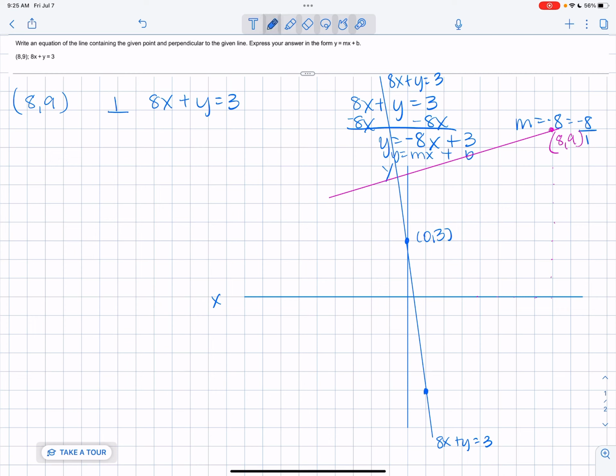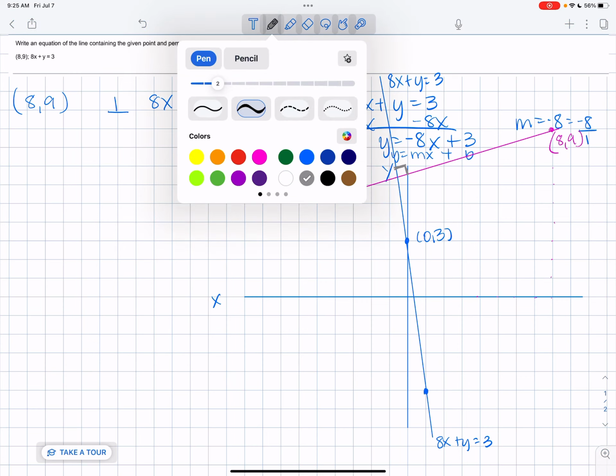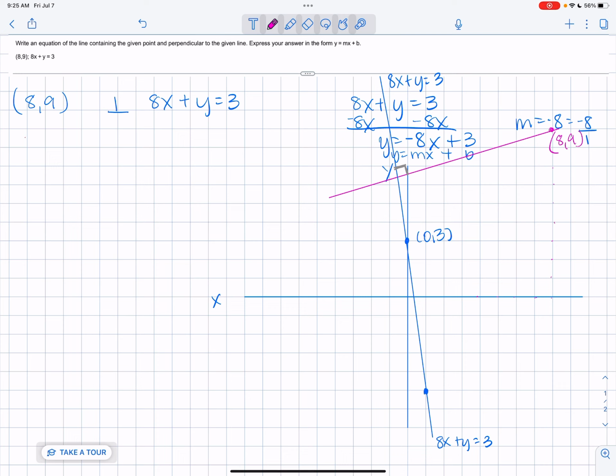All right, so remember that if a line is perpendicular, that means that the two lines are meeting at a right angle, at 90 degrees. So what we need to know is the slope of the pink line, because that's the one that's perpendicular to the blue line.